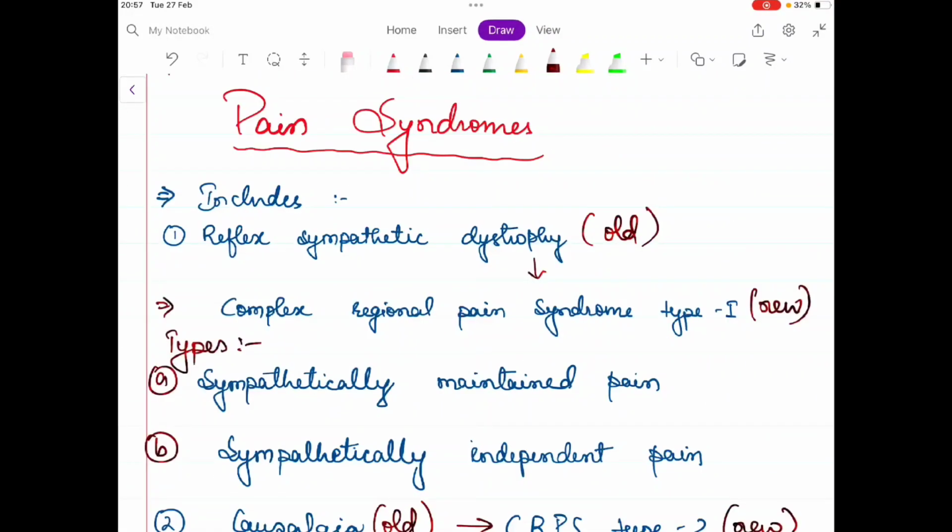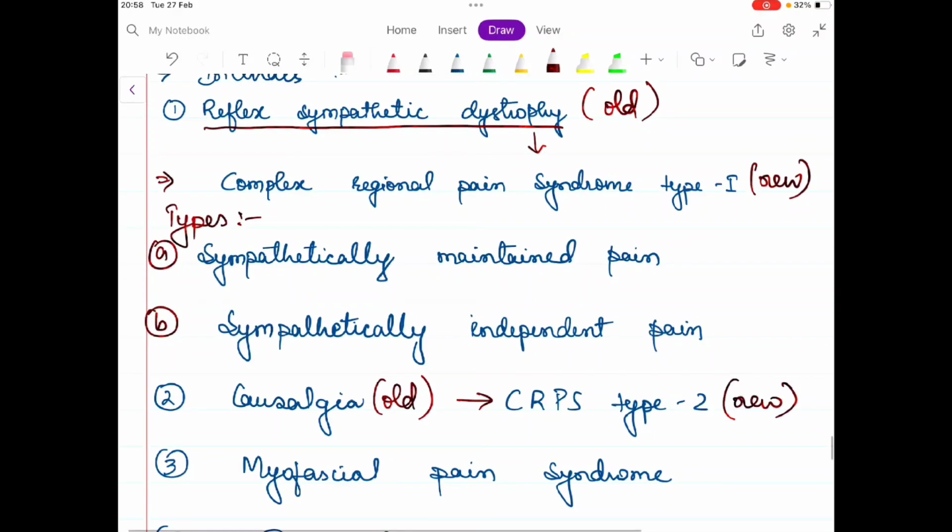All right, now let's talk about the pain syndromes. It includes reflex sympathetic dystrophy, which is an old name. The new name for this is complex regional pain syndrome type 1, in short form written as CRPS type 1.